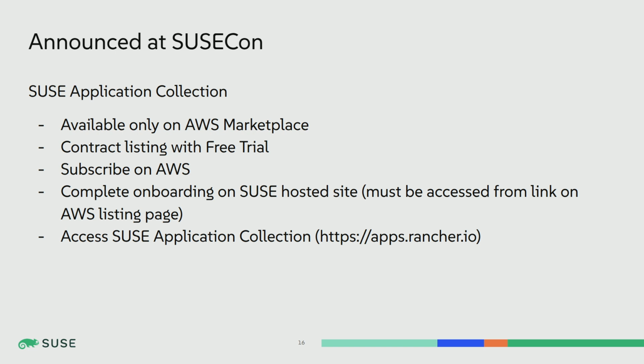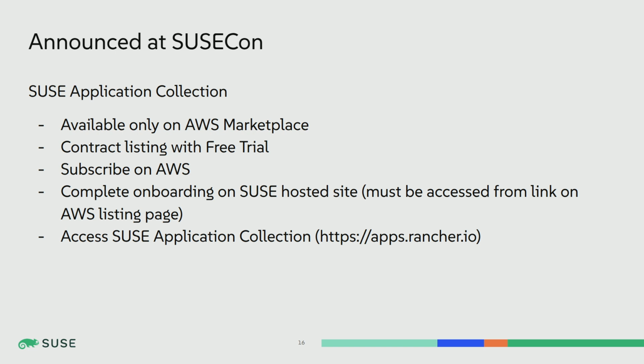So this is a 30-day free trial. You can see all the applications that are in the application collection, right? So the application collection is a curated set of containers or Helm charts, depending on what it is, right?